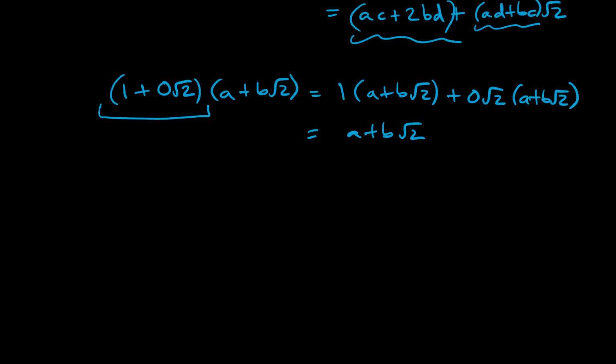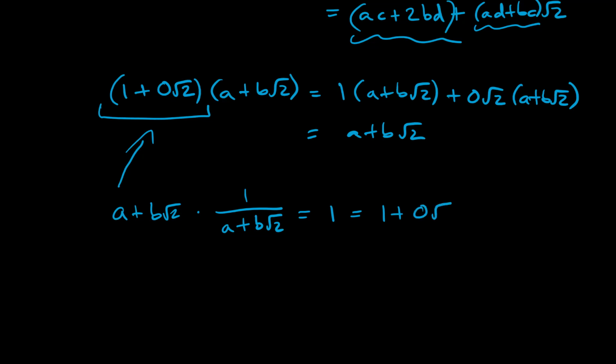Now we need to find the inverse. We want some element that you can multiply by a plus b root 2 that would give you back the identity. Looking at it, we can see that a plus b root 2 times 1 over a plus b root 2 will give us back 1, which is the same thing as 1 plus 0 root 2.